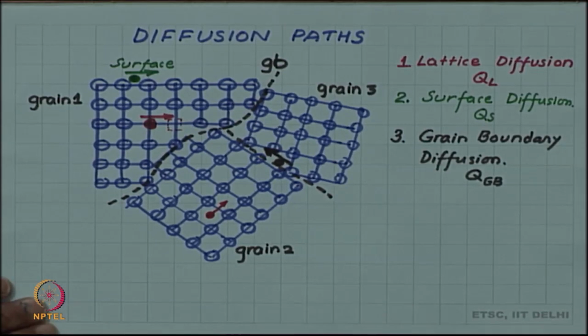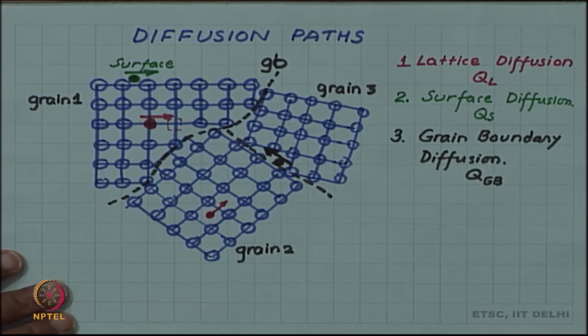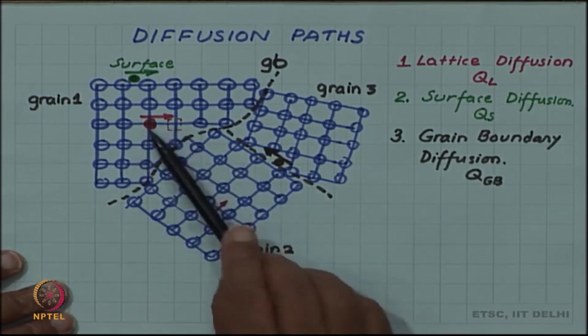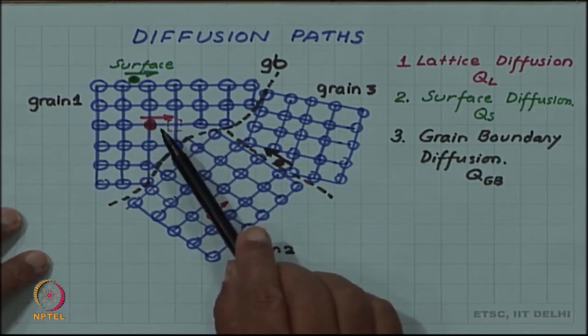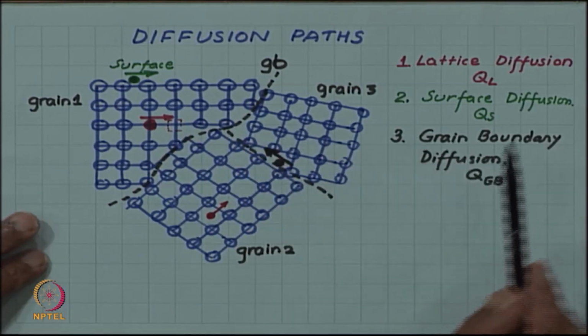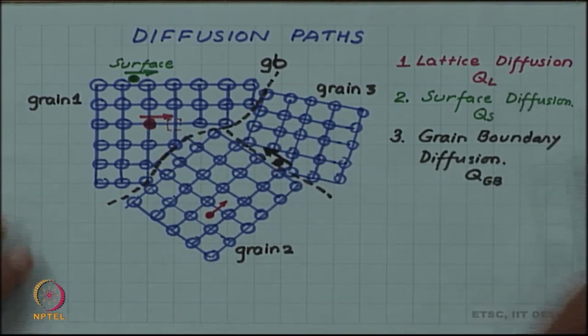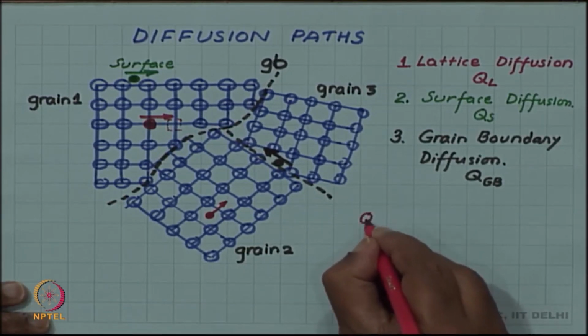Intuitively also you can feel that lattice diffusion will be the most difficult one, because the atom has to displace all the surrounding atoms to move from one side to the other. So, Q lattice will be very high. The activation energy for lattice diffusion is highest.